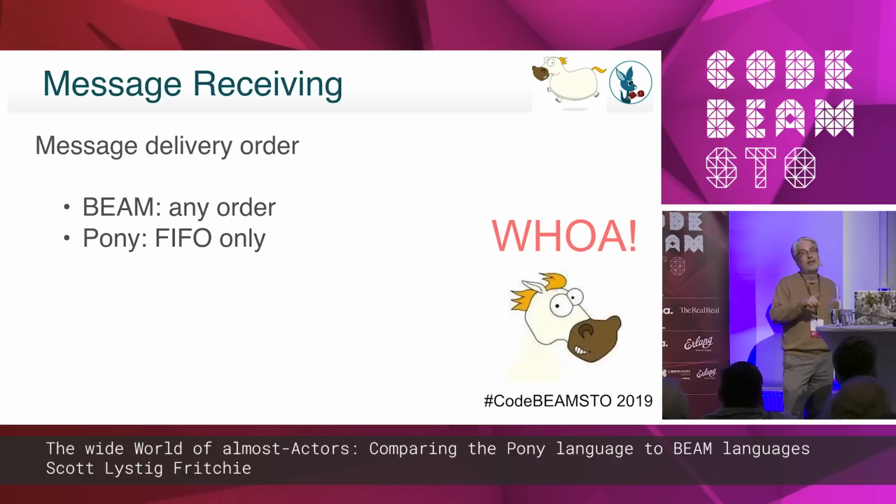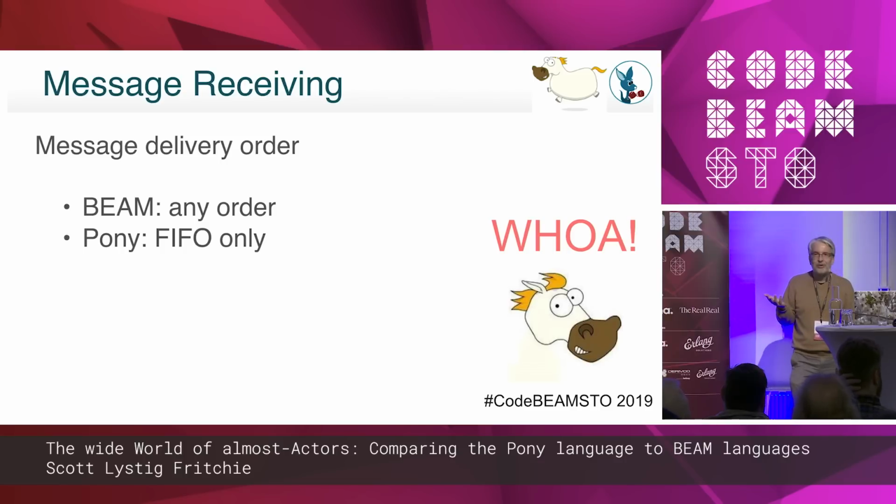And the reason for the causal delivery is because of the garbage collection messages, which are also being sent with the same message passing mechanism, and you don't want to screw up the causal order and get the reference counts wrong if you did a selective receive and grabbed a reference to something, and then later the garbage collector accounting messages arrived in a different order.